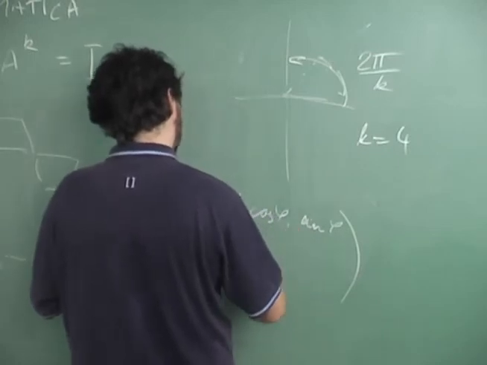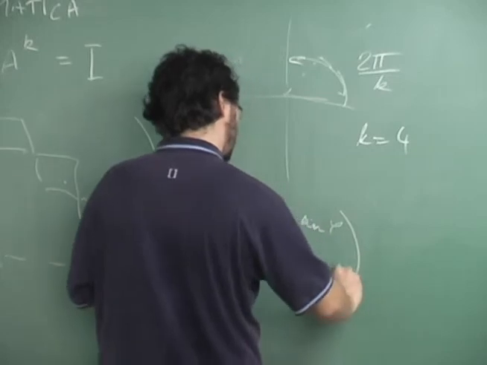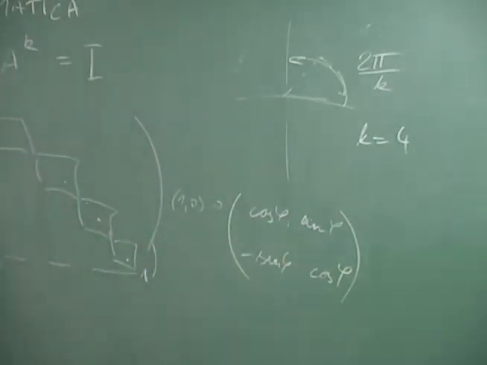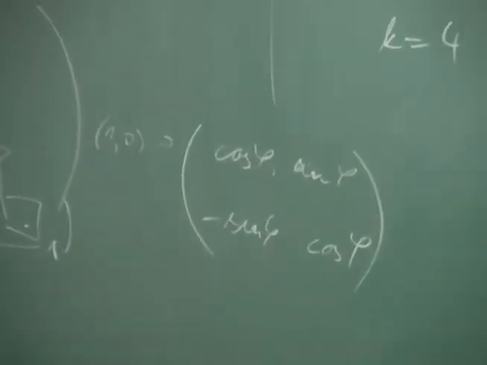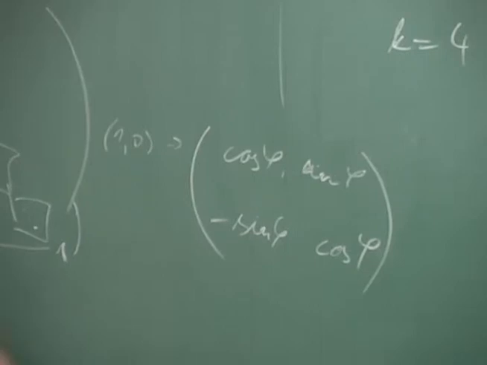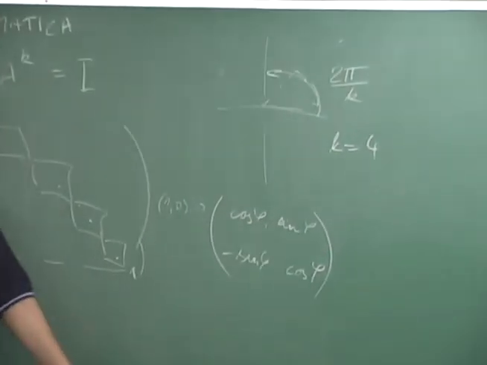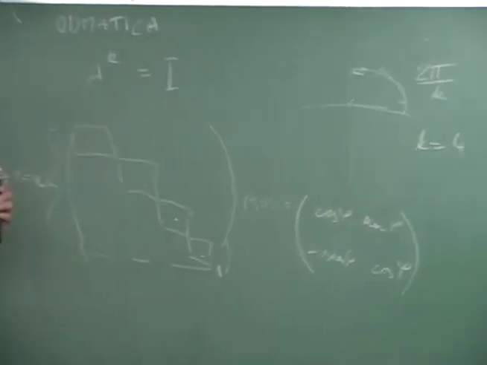And here it's minus sine and cosine. I hope I got the signs right. So this is the basic rotation matrix. And now if you substitute phi equal to pi over 2, then you would get a 1 here, I think. And this would not be the thing you need.